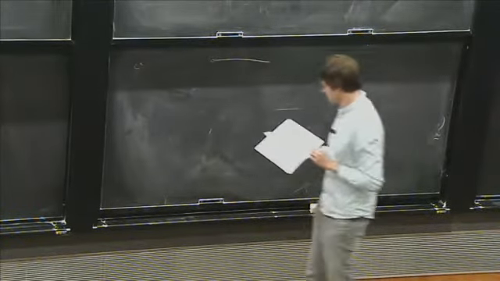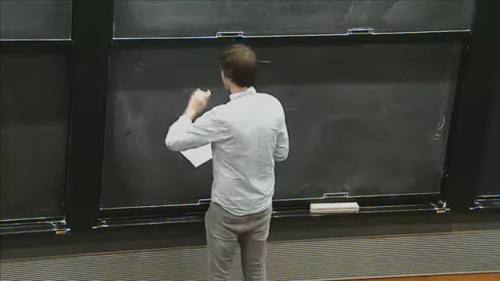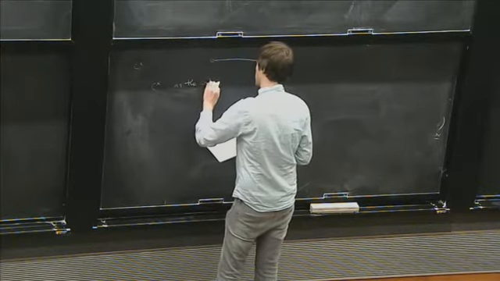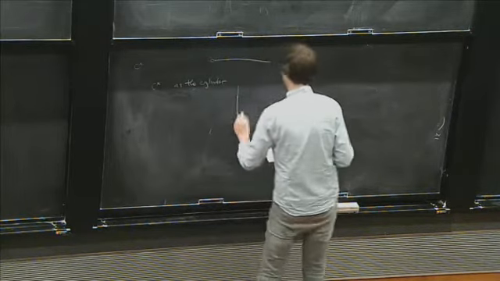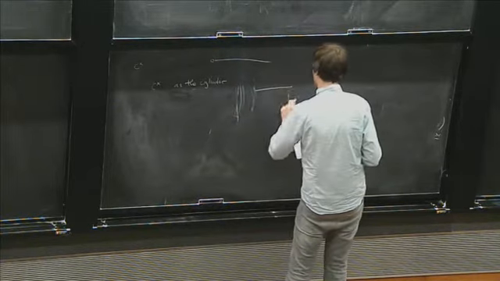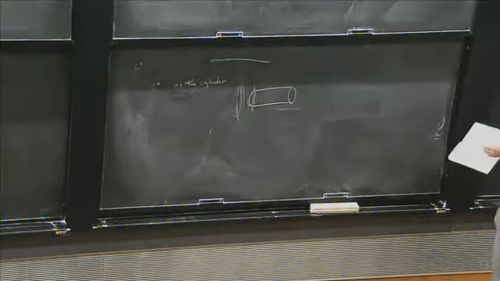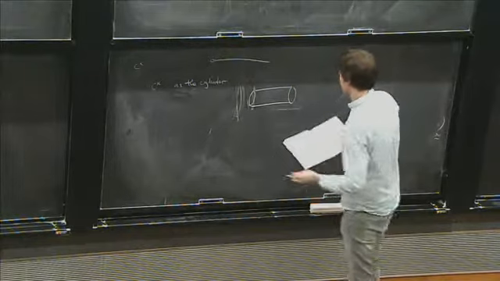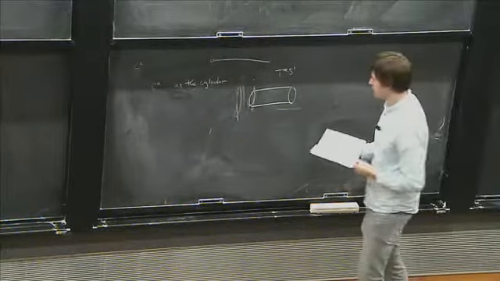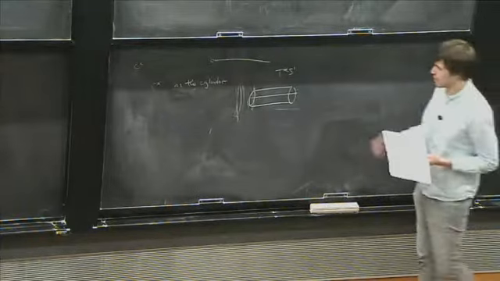We want to view C star as the cylinder T star S1, and then I want to consider this cotangent fiber, and I want the wrapped Floer homology.